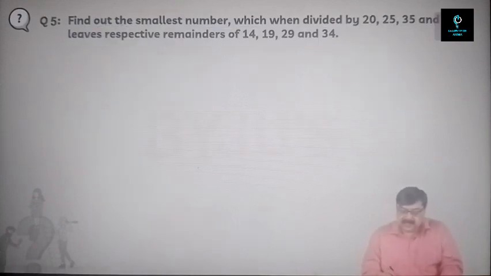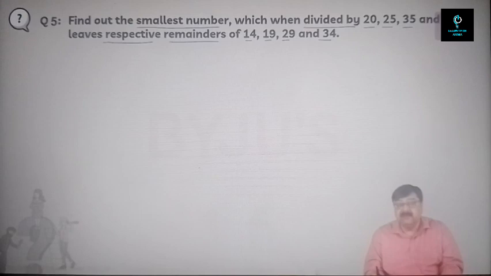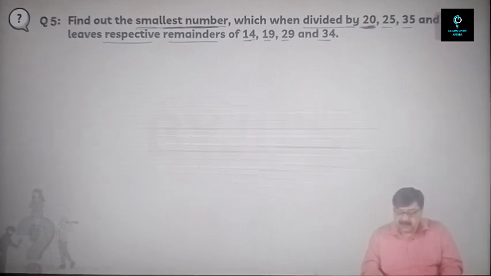Now this question says find out the smallest number which when divided by 20, 25, 35, 40 leaves respective remainders of 14, 19, 29 and 34. These should be the respective remainders. By that, it means the smallest number when divided by 20, remainder should be 14.